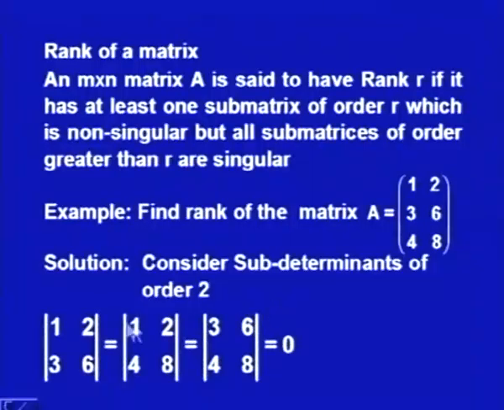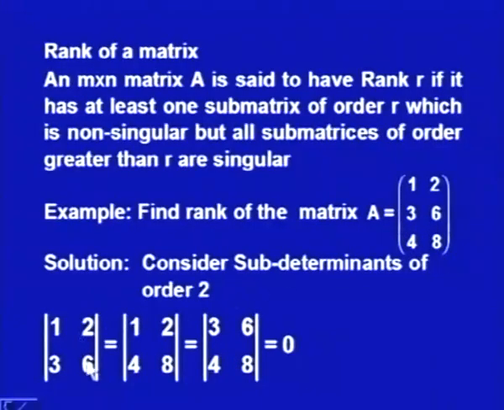This matrix will have 3 submatrices of order 2. The first determinant is corresponding to the first two rows, 1, 2, 3, 6. The second determinant is corresponding to the submatrix consisting of the first row and the third row, and the third determinant is from the second row and third row, 3, 6 and 4, 8.